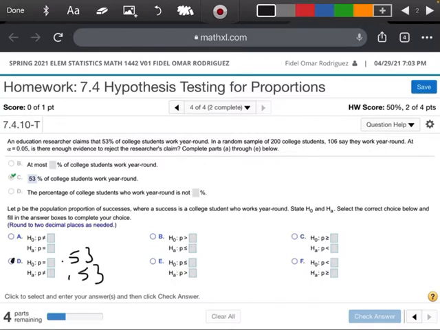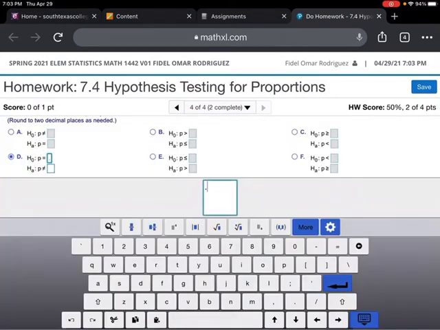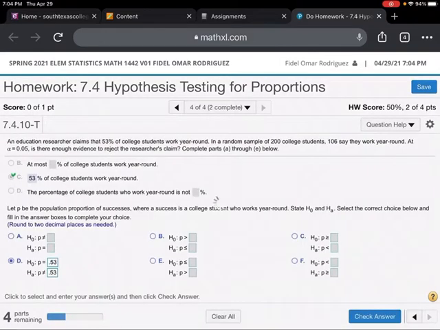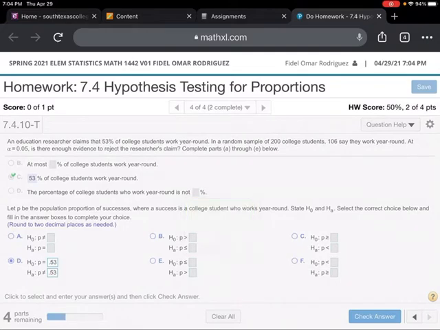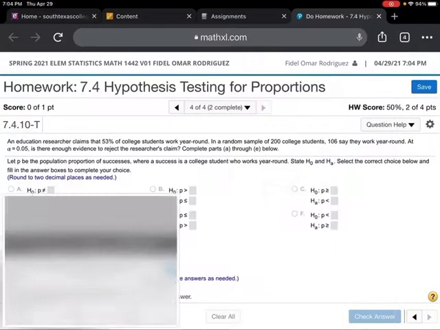So I'm going to do the same thing here, choose D, and 0.53, and the same thing for the second one, 0.53, and I'm going to check my answer, and we're doing great so far.